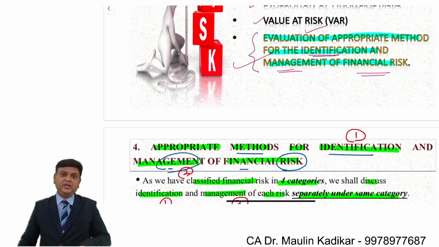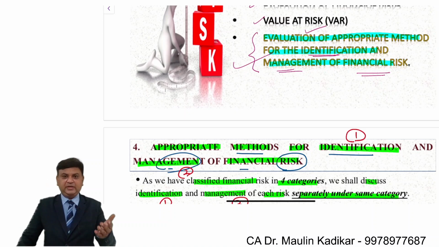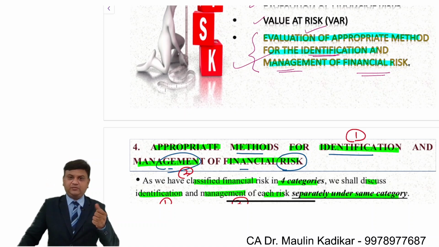How can we overcome it? There are certain derivative transactions called forward contract, futures contract, money market hedge, option market hedge. But basically I should understand that I am exposed to that kind of risk.